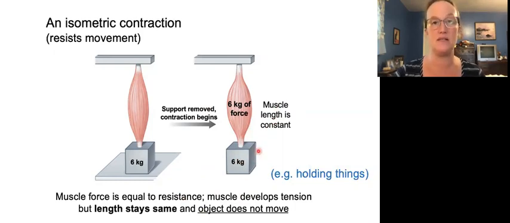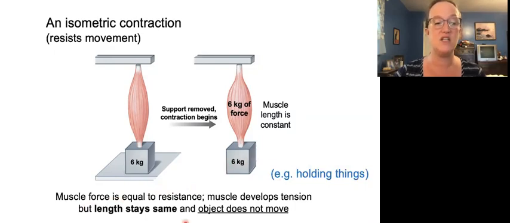And you've experienced this if you've ever had to walk around campus carrying your heavy books. You're not creating any movement there in your arms with a pile of books in your arms, but your muscles are still working hard just to resist the force of those books under the influence of gravity, just to keep those books from falling on the ground. So in an isometric contraction, the muscle force is equal to the resistance.